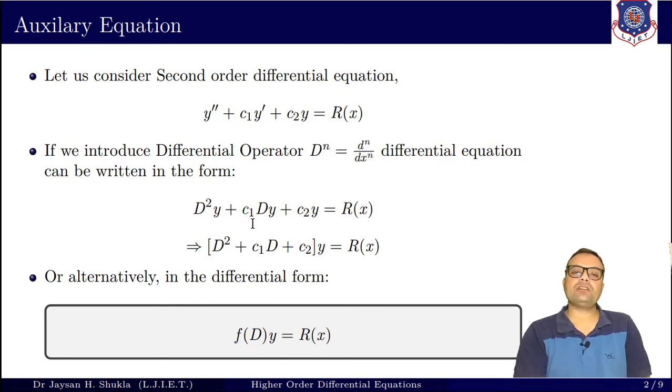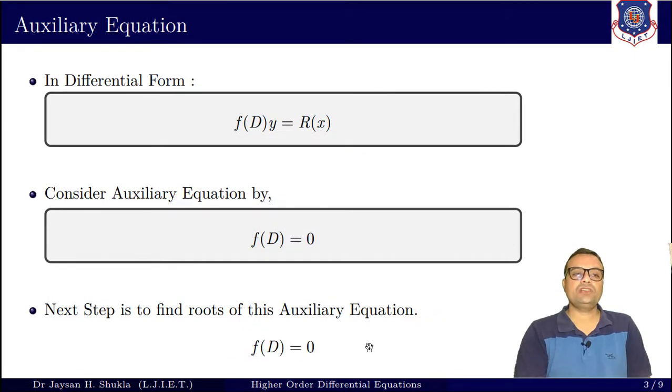If I take y outside from the left hand side, it gives us D square plus c1 D plus c2 times y equal to r of x. Let us consider this D square plus c1 D plus c2 as a function of capital D. So it gives f of D of y equal to r of x. So this form f of D y equal to r of x is always our first step in the solution.